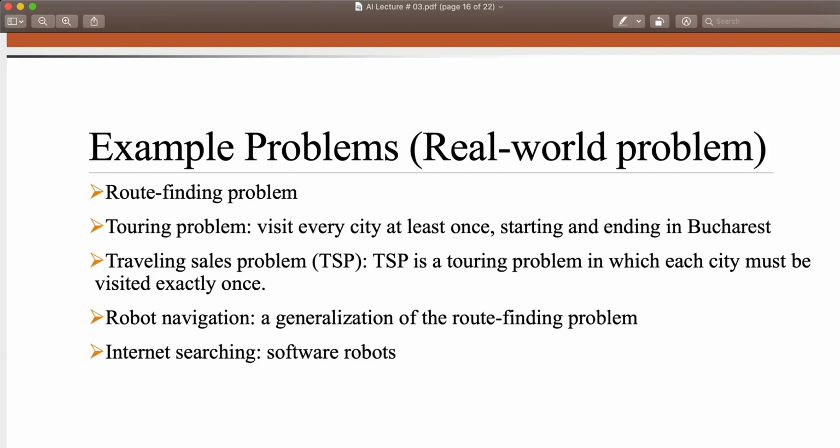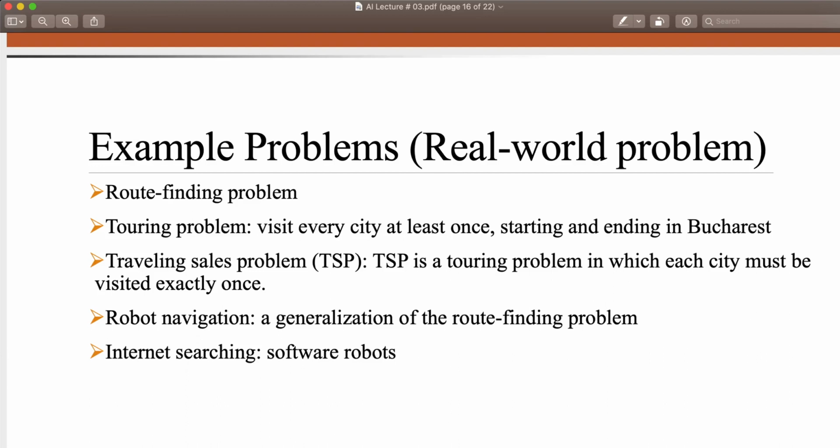The other one is the touring problem. This is a kind of route finding problem, but in the touring problem, the agent needs to visit each city at least once. The other problem is the traveling salesman problem.